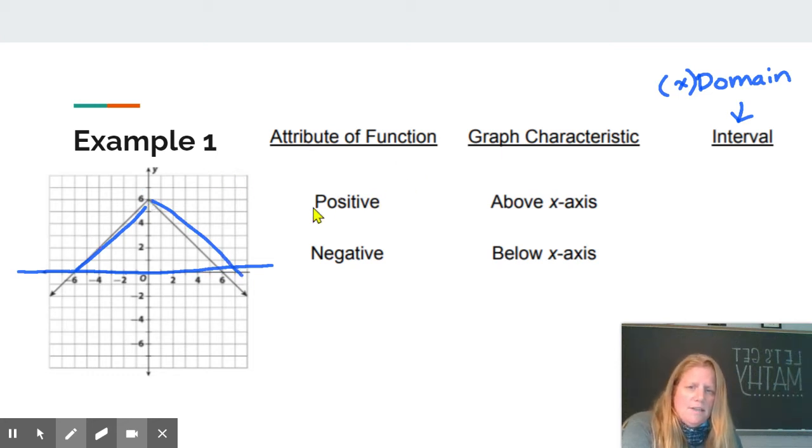Now notice this connects into your zeros. So that's why I started off with zeros and maximum, because it's going to help you in your answers with increasing, decreasing, as well as positive and negative.